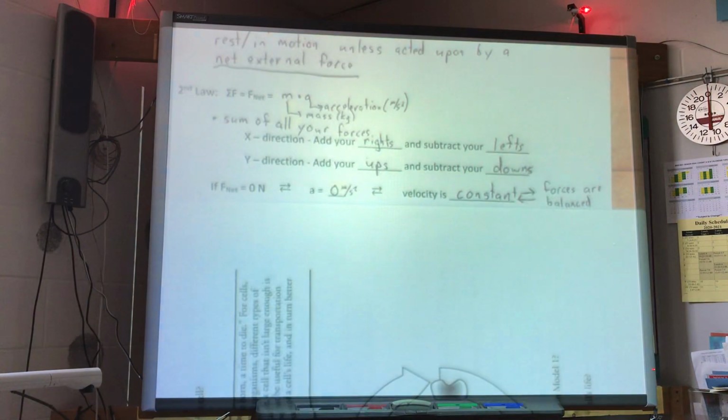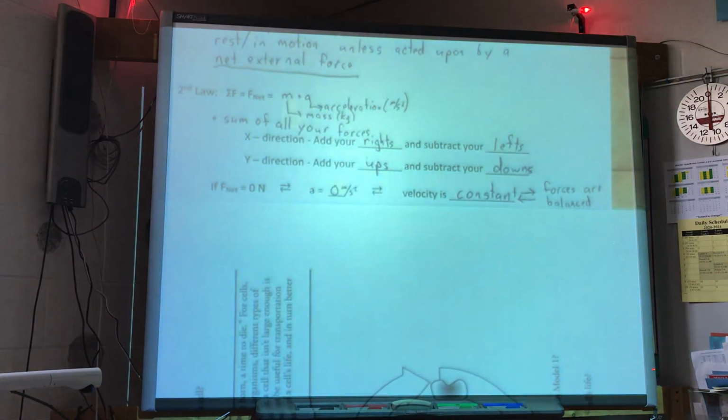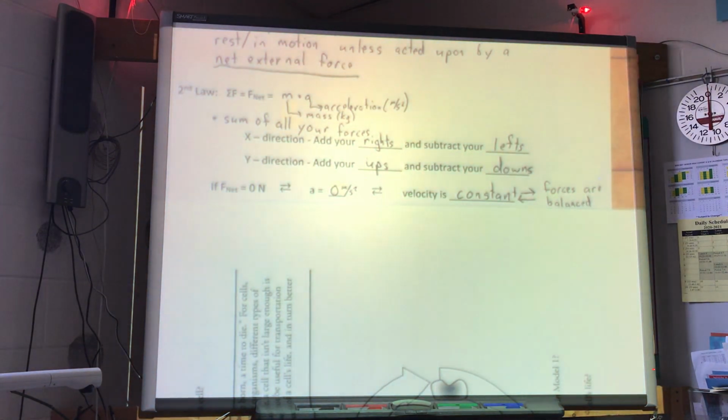If F net is equal to 0, then my acceleration is 0 meters per second squared. And that goes back to Newton's second law. If m times a, and a is 0, then that means my F net is 0. Or if my F net is 0, then my a must also be 0. So if F net is equal to 0, that means a is equal to 0 meters per second squared, because it's an acceleration. And an acceleration of 0 means that my velocity is constant.